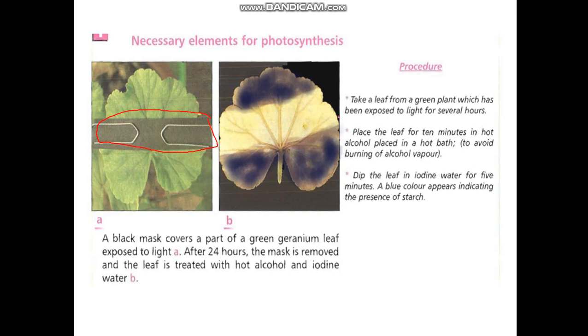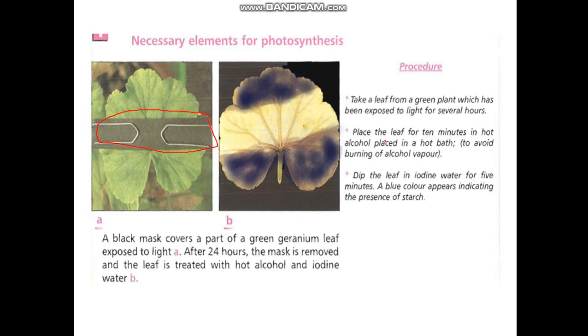So, first, take a leaf from a geranium plant which has been exposed to light for several hours. Place the leaf for 10 minutes in hot alcohol. Do you still remember the importance of using hot alcohol?